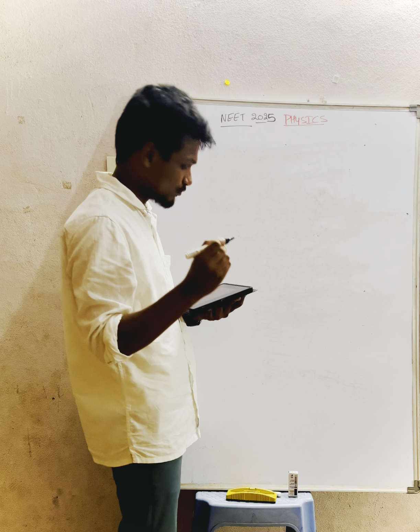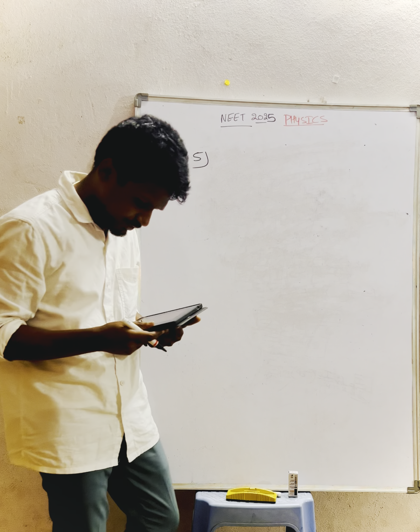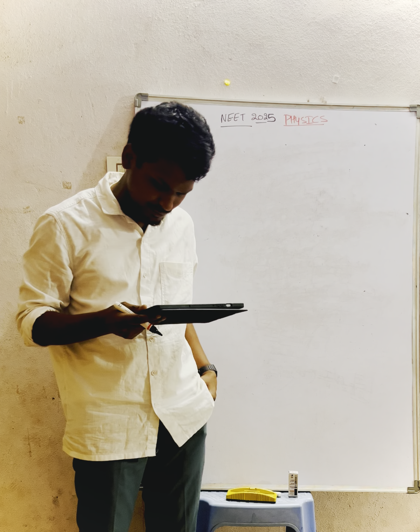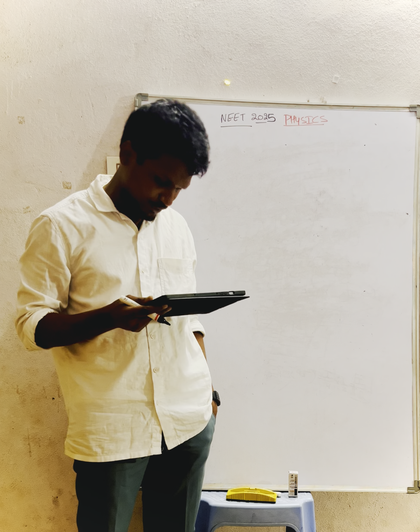Now we'll move on to question number 5. In question number 5, what they're saying is we have a photon and also an electron, and we need to find the ratio of the wavelength of the photon and the de Broglie wavelength of the electron.